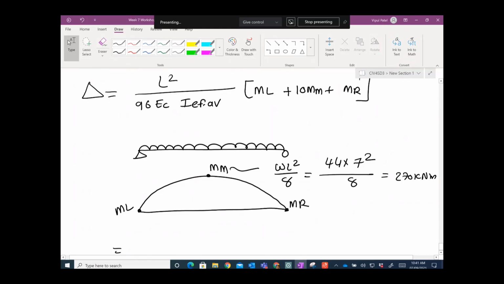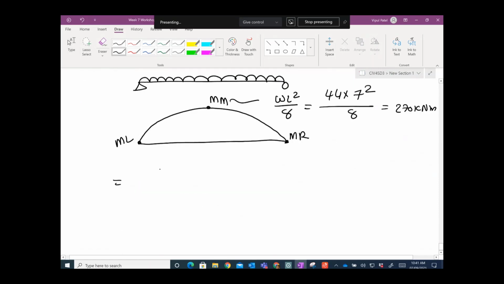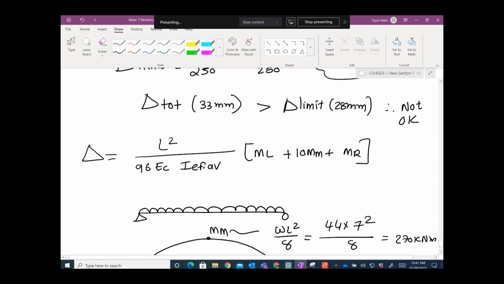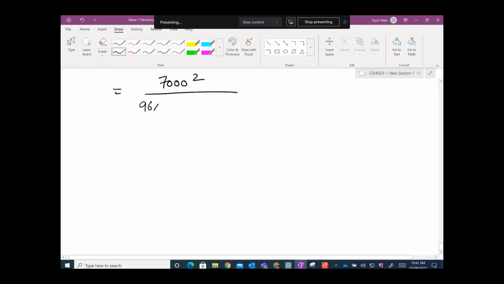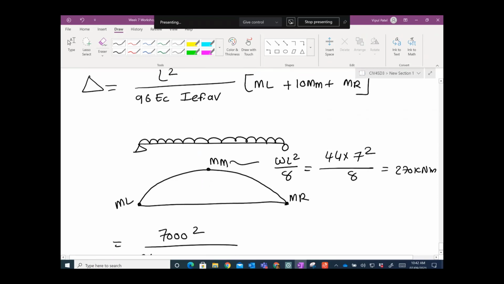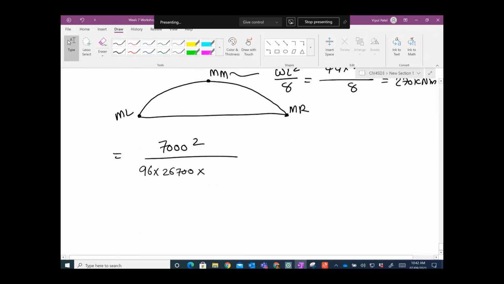Let's say you want to calculate the first one, the short term initial deflection. So 7,000 square over 96 EC 26,700 times I effective average, which is 3694 times 10 raised to 6.